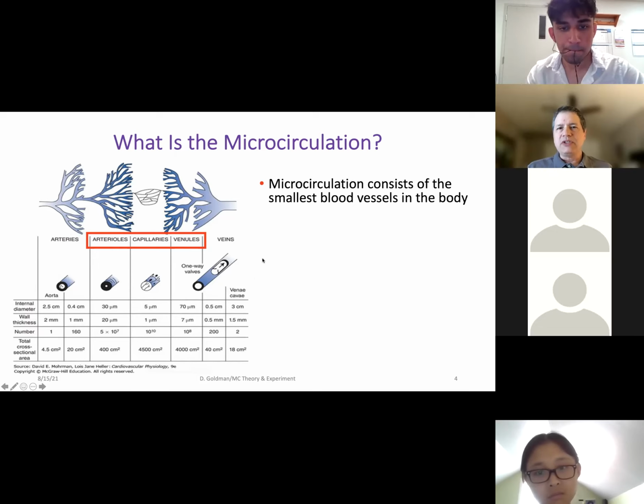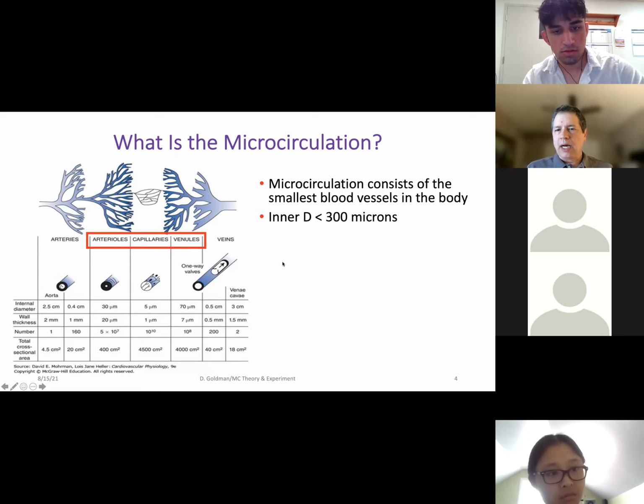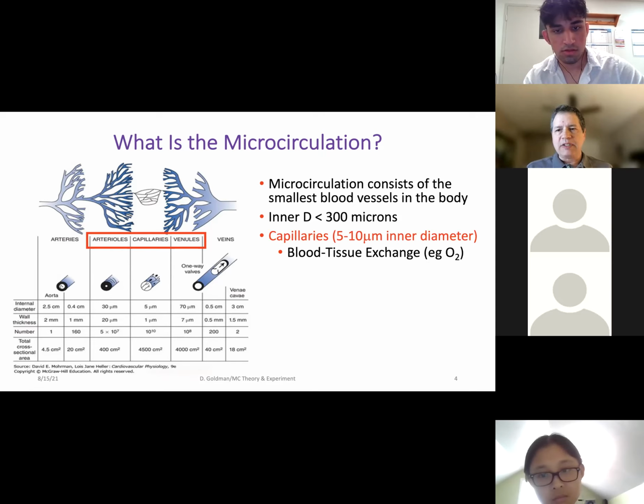The microcirculation is these smallest vessels in the middle here, from arterioles, which are really small arteries, to the smallest vessels, the capillaries, to the venules, which are the smallest veins. The microcirculation is basically vessels less than about 300 microns in diameter. The smallest ones, the capillaries, are 5 to 10 microns.